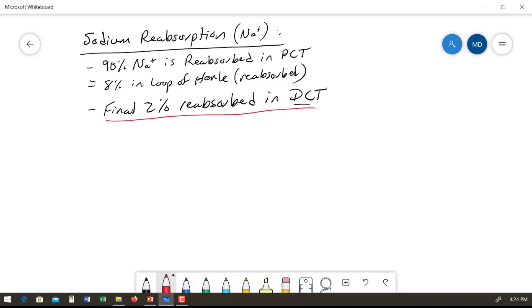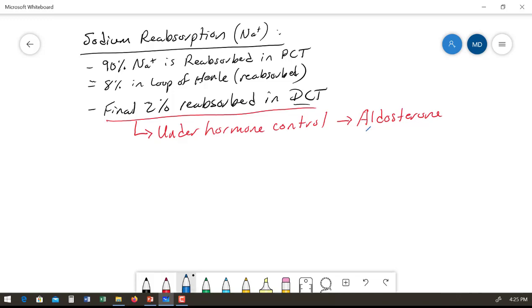The final 2% that's reabsorbed in the distal convoluted tubule is under hormonal control. And that hormone is aldosterone. Now, aldosterone is produced in the adrenal cortex.